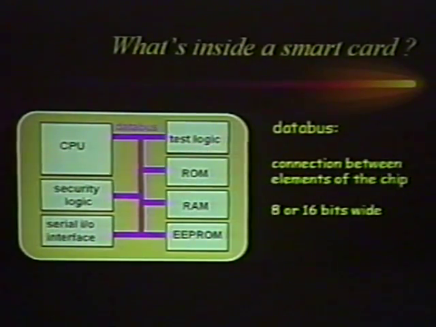This is not true. All data transport is governed by the CPU. So the CPU does all the data transport, and the CPU will read the serial I/O interface and then decide which data to transfer. But it's not like that an external party can access the memory at arbitrary places.